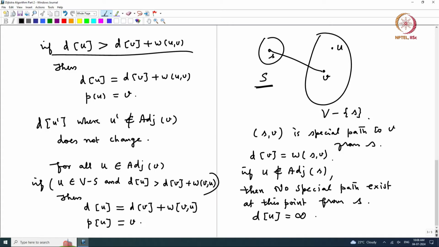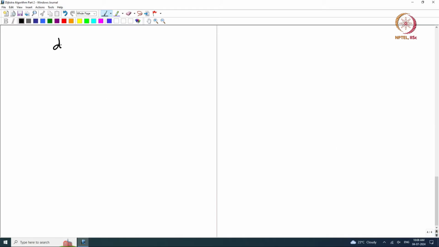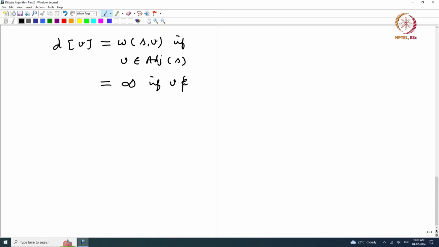Therefore, this is the initial configuration. The initial configuration is d of v equal to weight of sv if v belongs to adjacency of s. This is equal to infinity if the vertex is not in adjacency of s.